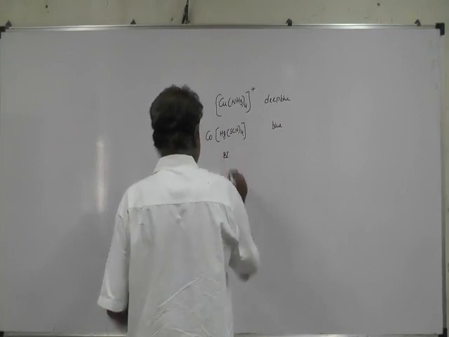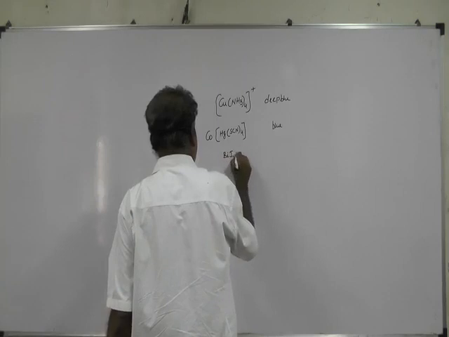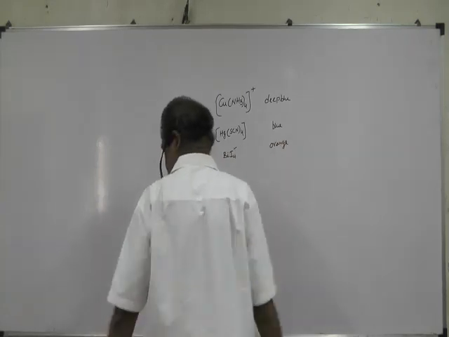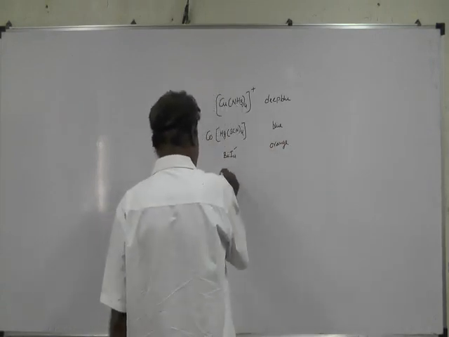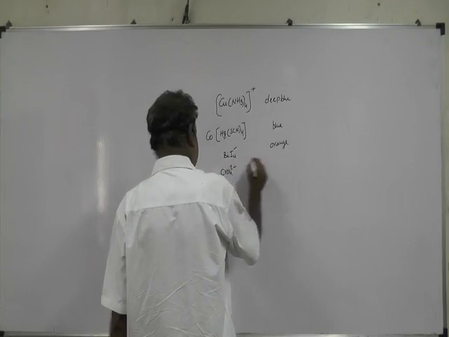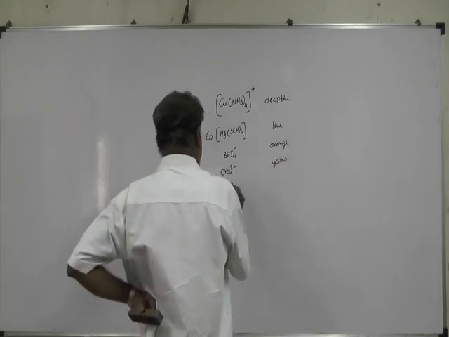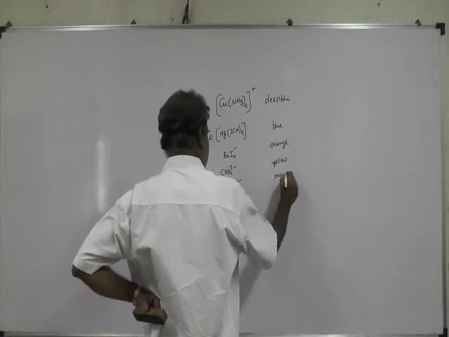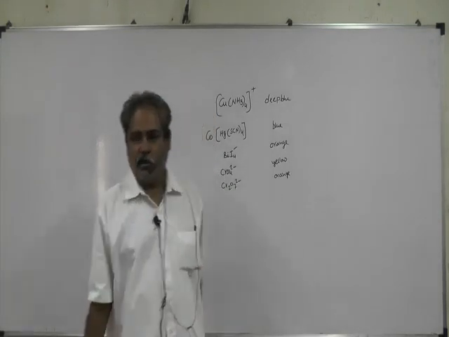BiI4 minus, orange. Chromates, yellow. Dichromates, orange. I think silver and mercury chromates are red.